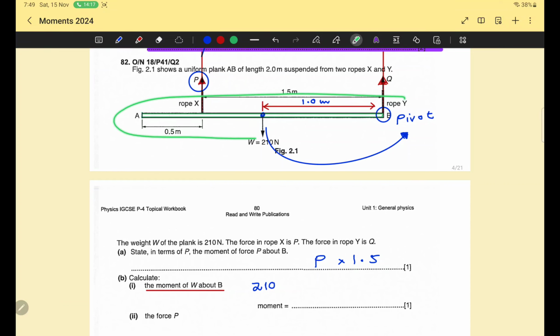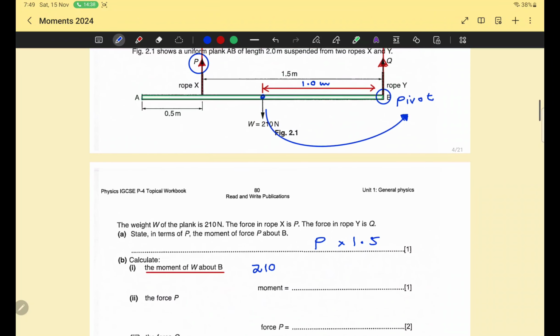So the total length of the plank is 2 meter, and its half value is 1 meter. It is easier, as you told me, sir, 1.5 minus 0.5, it is also correct, but the total length is 2 meter and its half value is 1 meter. Okay beta, so you are right. So the turning effect due to W is 210 multiplied by 1, so the answer is 210, and the unit of moment is Newton meter.